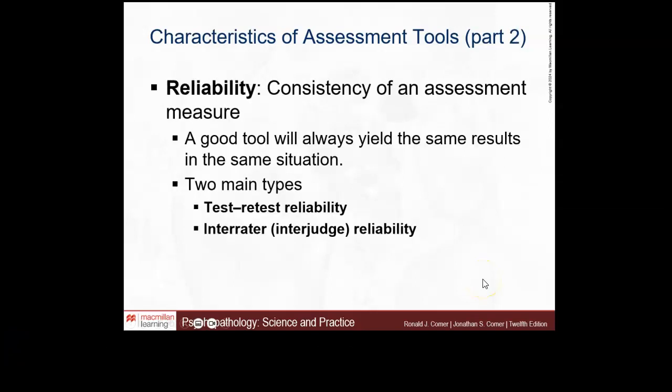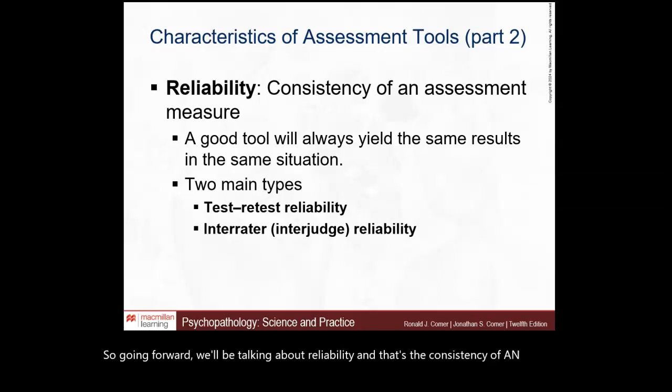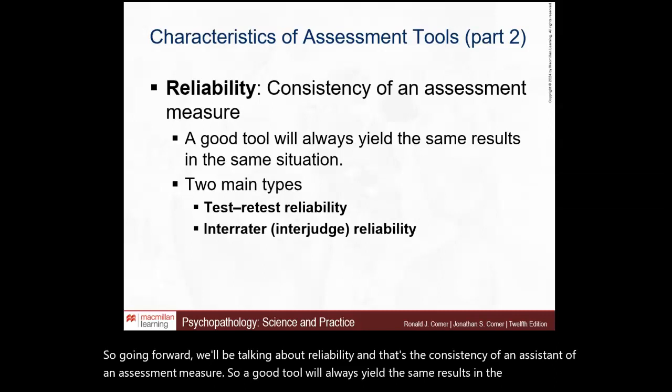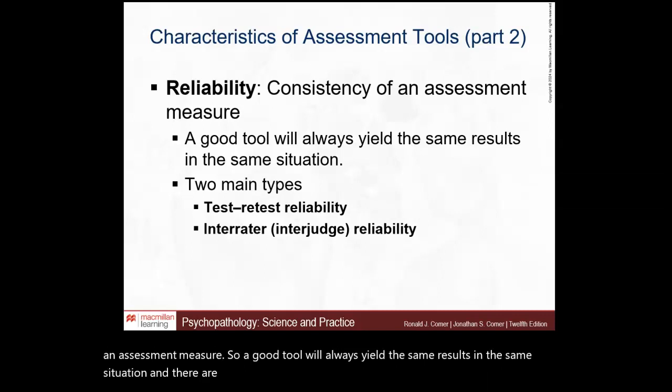So going forward, we'll be talking about reliability, and that's the consistency of an assessment measure. So a good tool will always yield the same results in the same situation. And there are two main types of reliability, and those are called test-retest reliability.